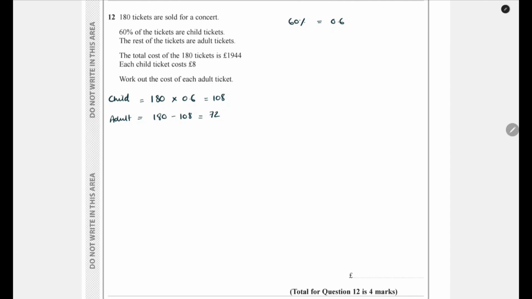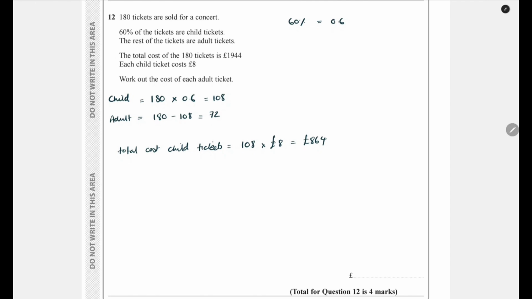Now we know that each child ticket costs £8, and so the total cost for child tickets is 108 multiplied by the £8, and that equals £864.